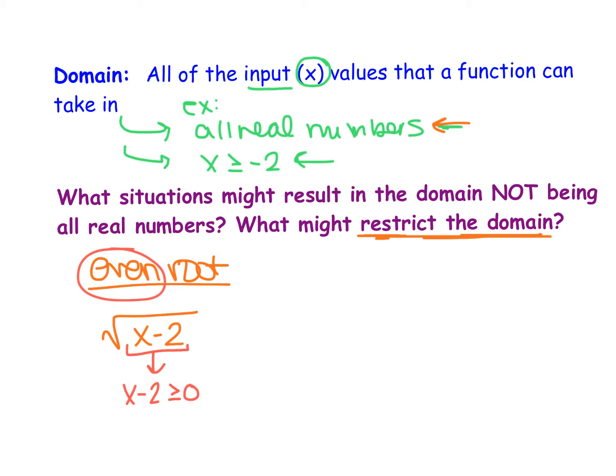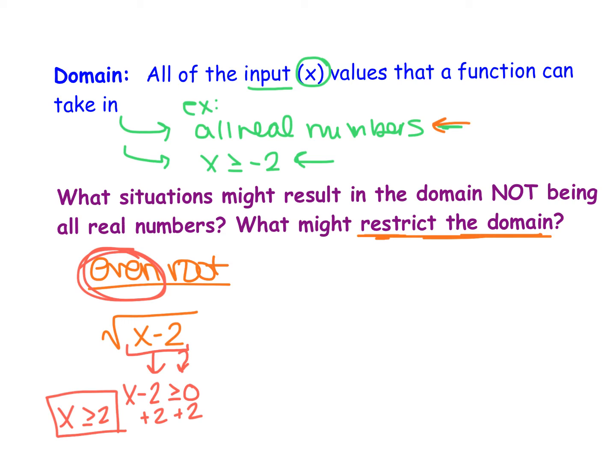So I can set what the inside of that root is greater than or equal to 0, because that's what it has to be. If I then add 2 to each side, I find that my domain is x is greater than or equal to 2. So this is a situation where we have an even root and a restricted domain, because the inside of an even root cannot be a negative number.